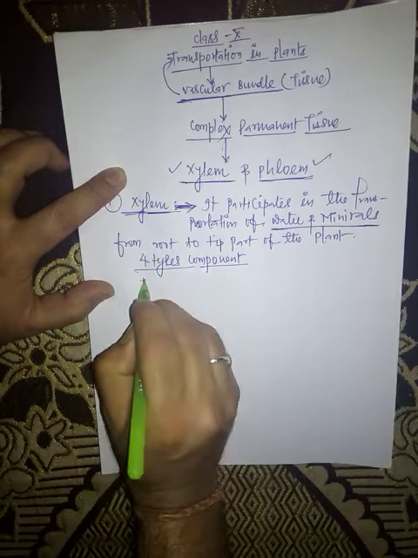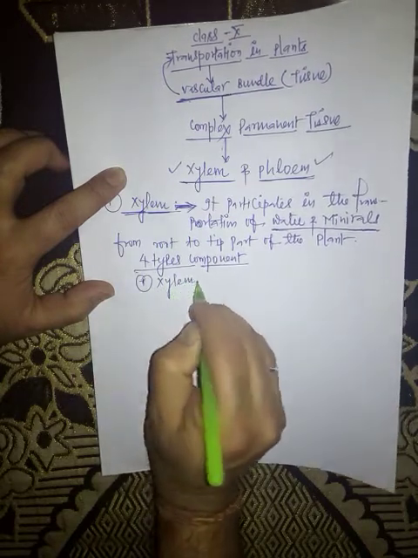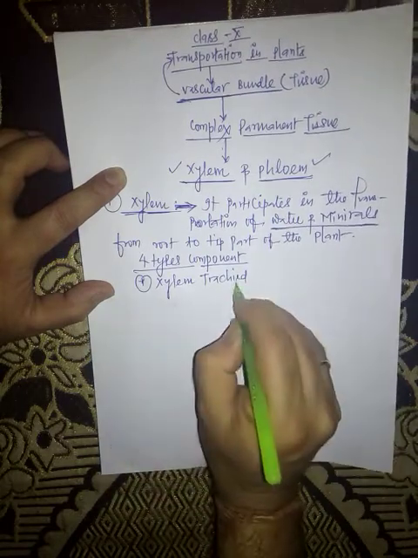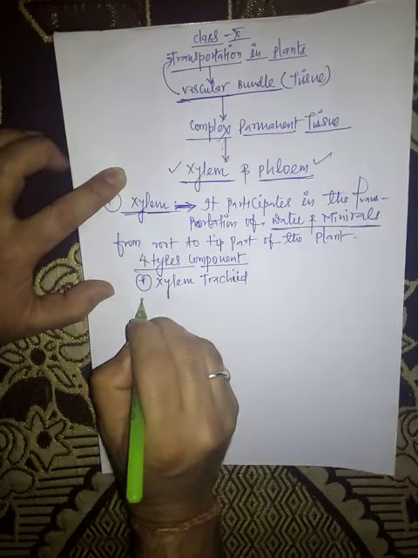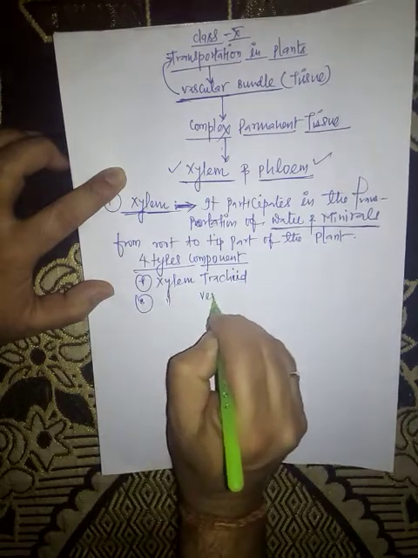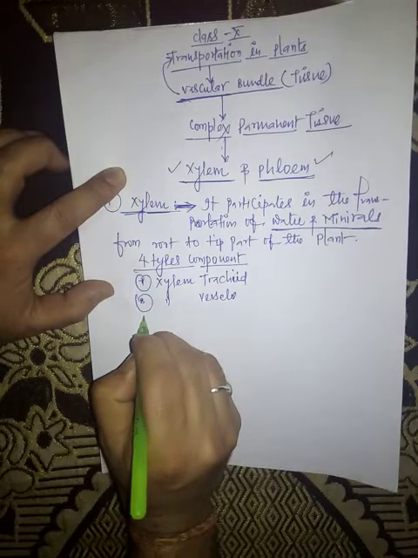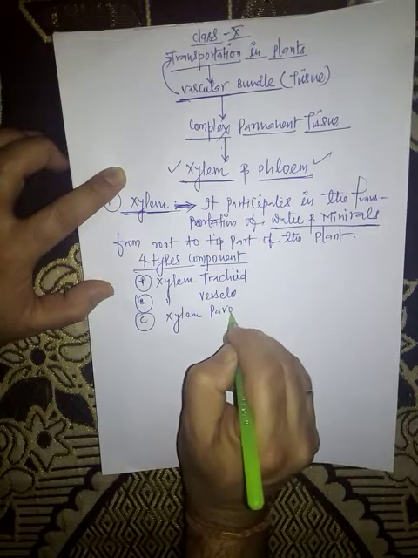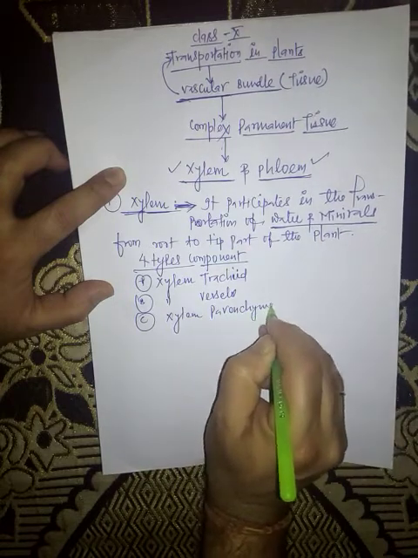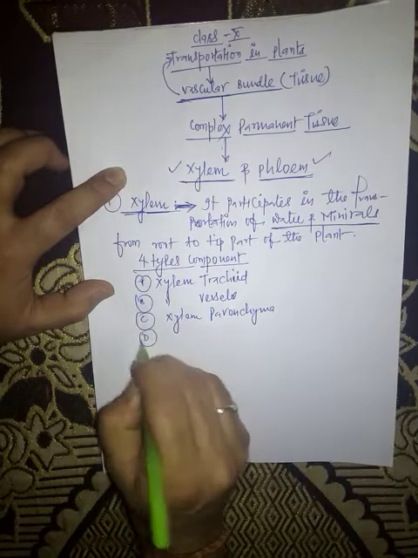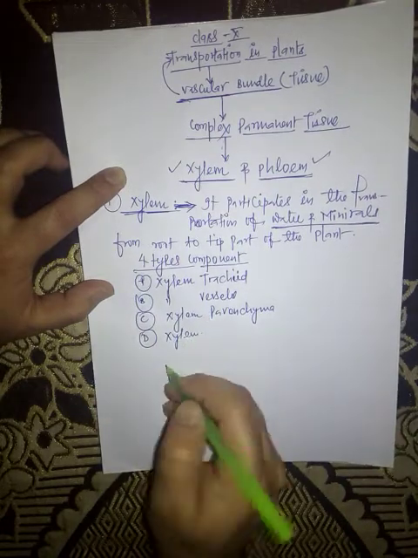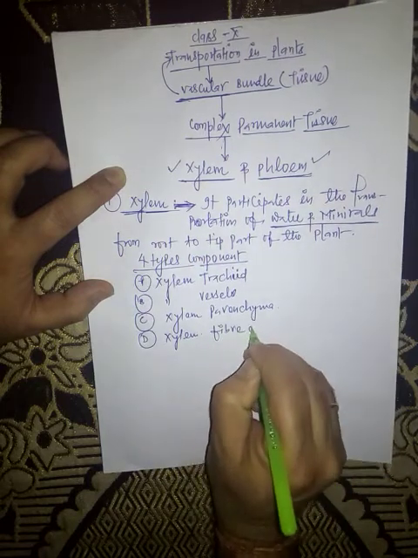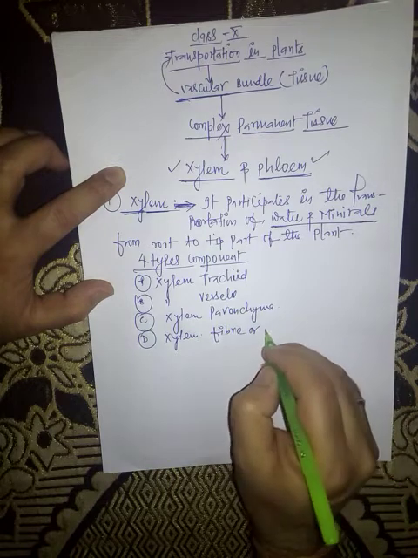Number 1, xylem tracheids, number 2, xylem vessels, number 3, xylem parenchyma, number 4, xylem fiber or sclerenchyma.